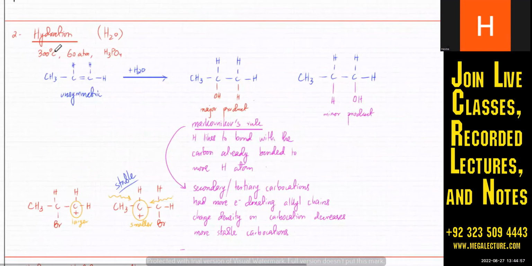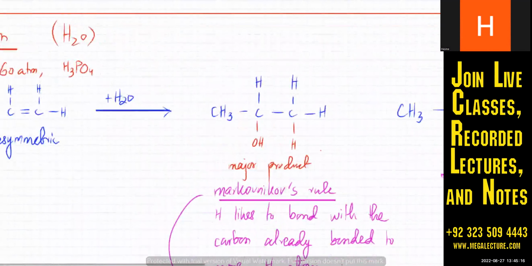It's the same hydration reaction. 300 centigrade is the temperature, 60 atmosphere, phosphoric acid is used as a catalyst, and the H and the OH get added to the double bond in a similar way, which is electrophilic. So this one is also electrophilic addition, right?